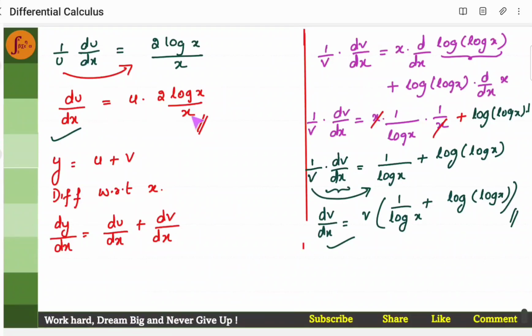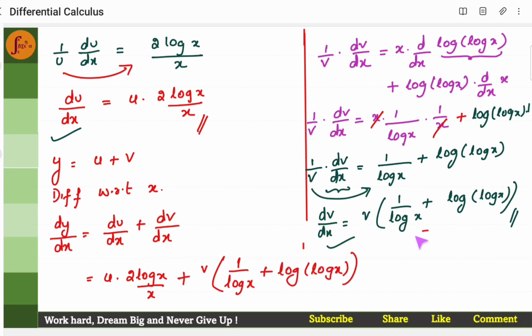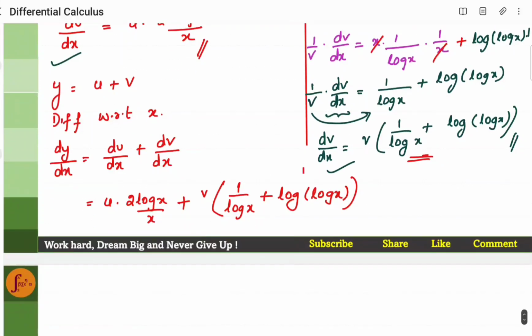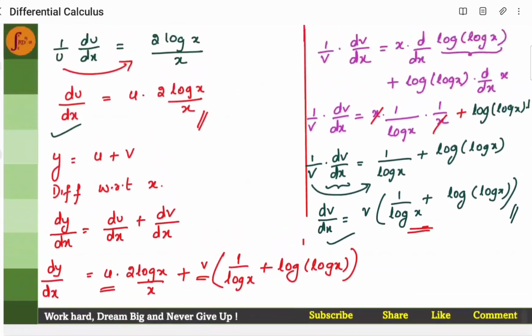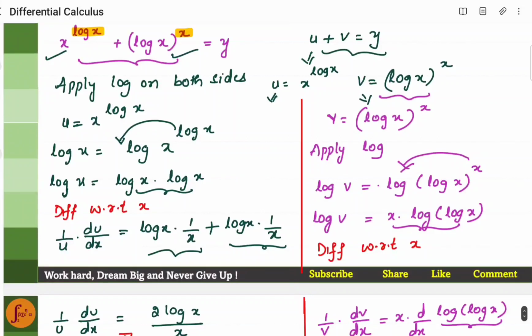And now we'll substitute. What is du by dx? It is nothing but u into 2 log x by x plus v into 1 by log x plus log of log x, this one, right? This is dy by dx. Now I'll substitute u and v here. What is u? U is x to the power log x.